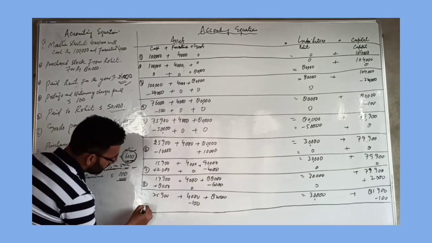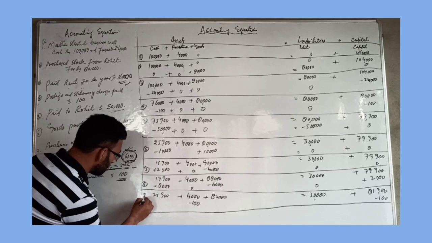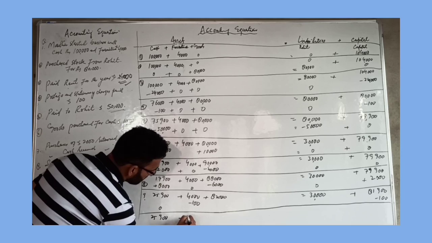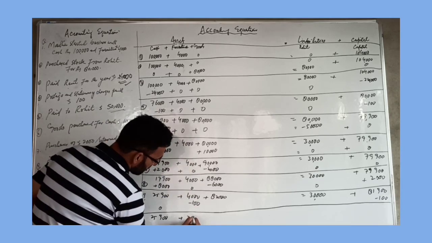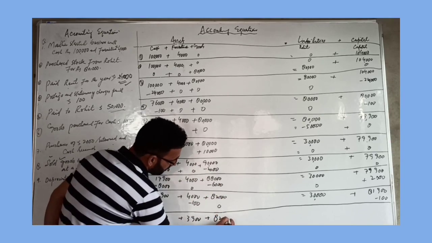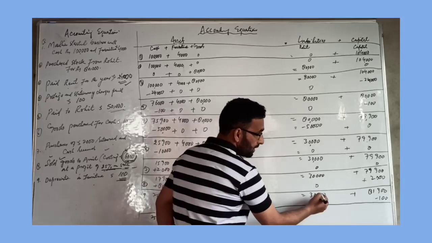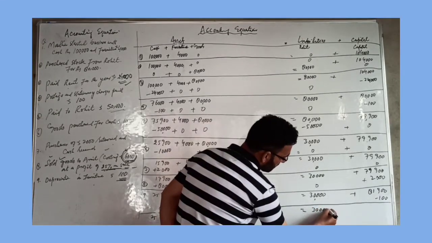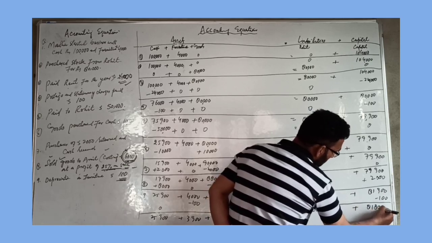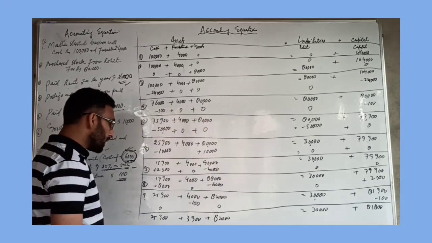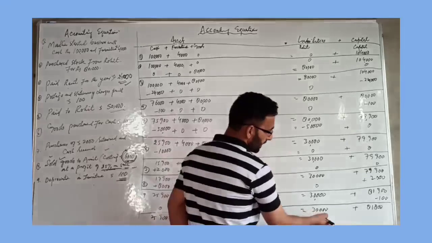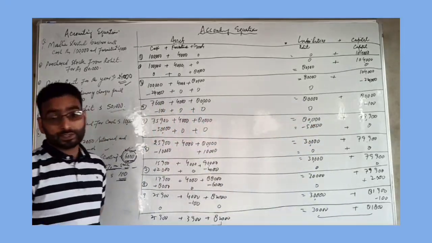Now the business has cash balance 25,900 plus furniture remaining 3,900 plus goods 82,000. At the same time, the liability is 30,000. Capital remained 81,800. Now these three items are always equal to these two items, liabilities and capital. Assets are always equal to liabilities and capital.